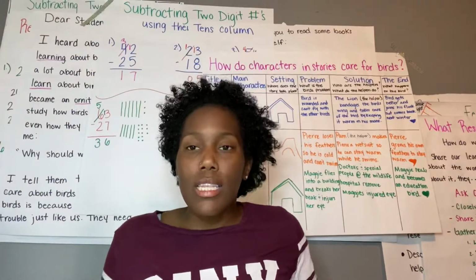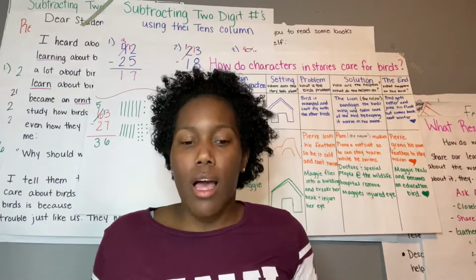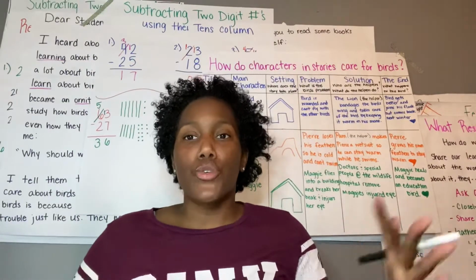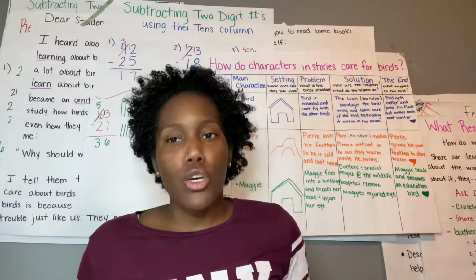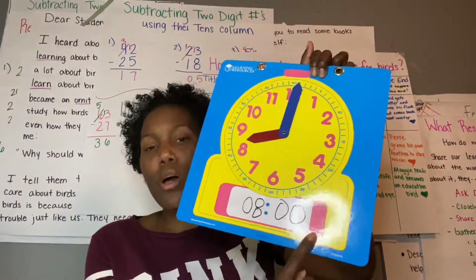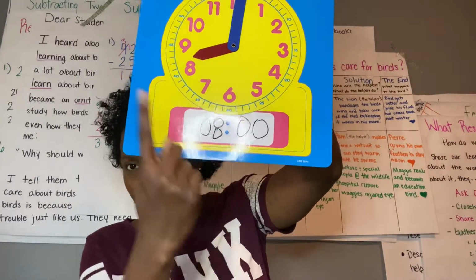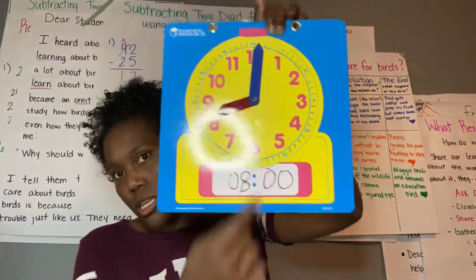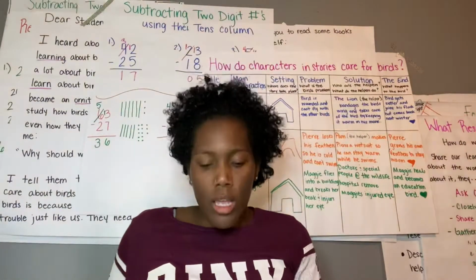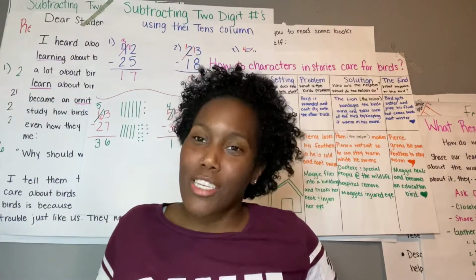So if it says 11 o'clock, choose the analog clock that shows 11 o'clock. If it says 3 o'clock, choose the analog clock that shows 3 o'clock. You're going to look at the digital clock, which is the one that you would see on a phone, and pick a clock that matches it. Okay? I hope you guys understand that, and we're going to keep working on this tomorrow.